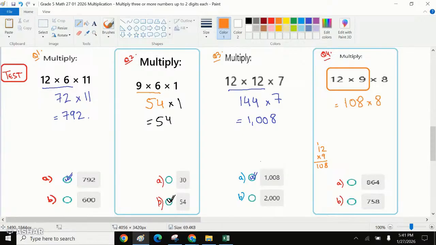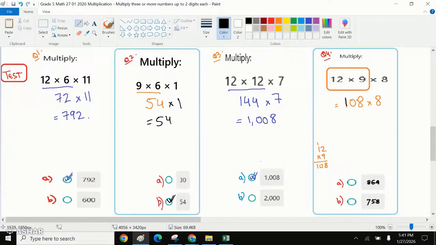See, 108. I'm not trying to solve the question, I'm just trying to look at the answer. This was 864 and this was 785, right? So if this is a number more than 100, can we say 100 multiplied by 8 should be 800, right?